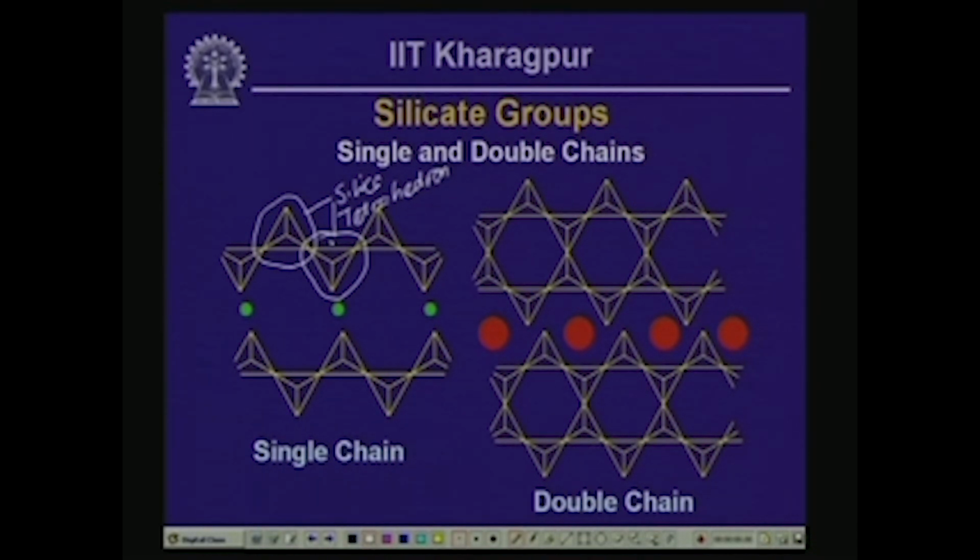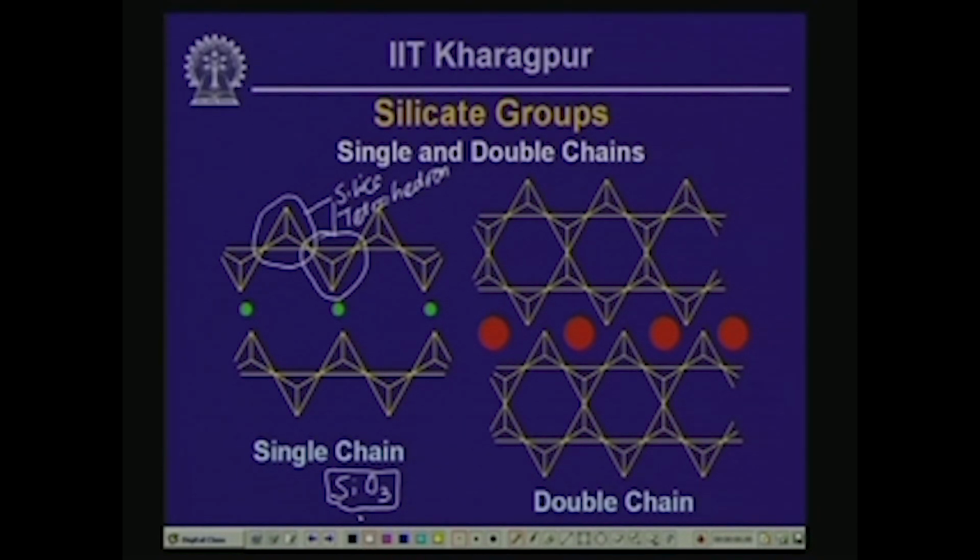Now, you have got silicon and 3 oxygens, and the chemical formulation of a single chain silicate mineral will have a radical which has a composition of SiO3.